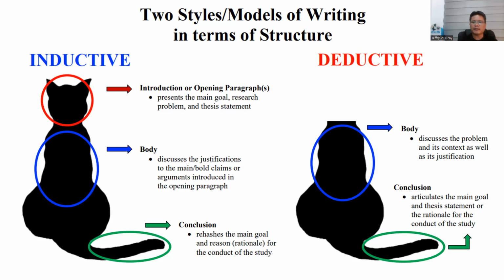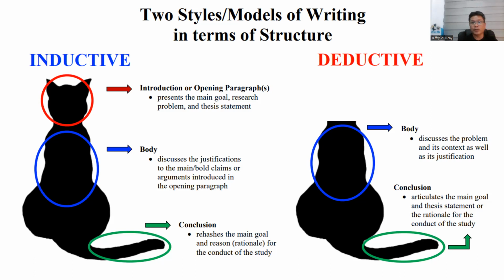Before I proceed to the next part of this video lecture, I should not miss sharing with you why we need to have the structure, why we need to have the style of writing.